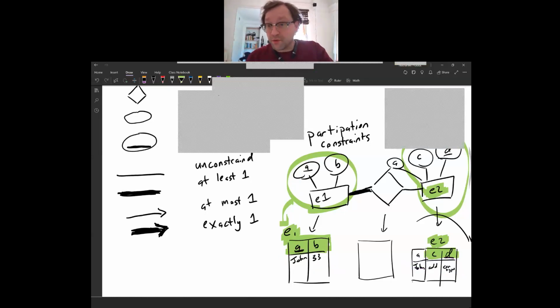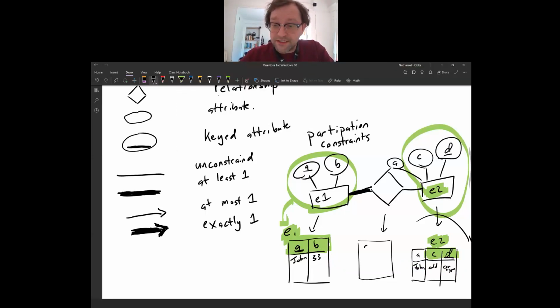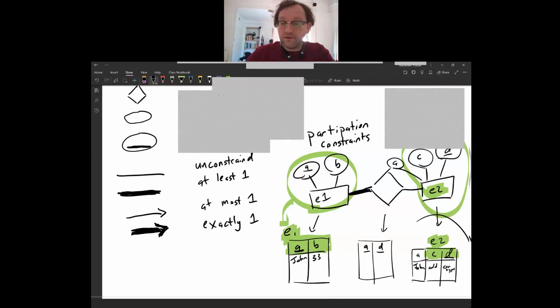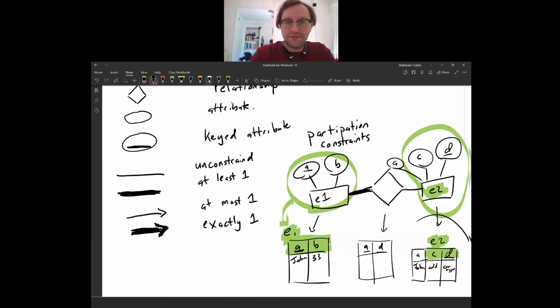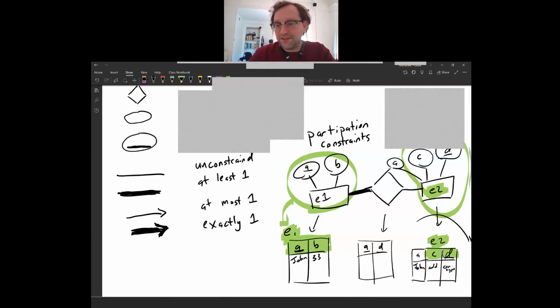That happens through a relationship, and so you could, for example, relate A and D, because this is unique for this table and this is unique for that table, you can create a temporary middle table that can combine their information.